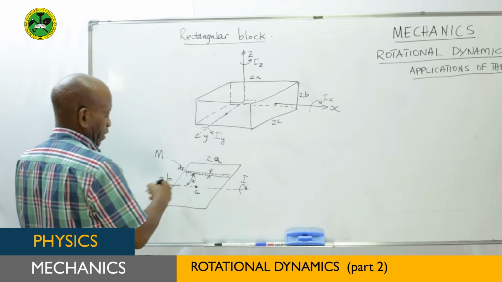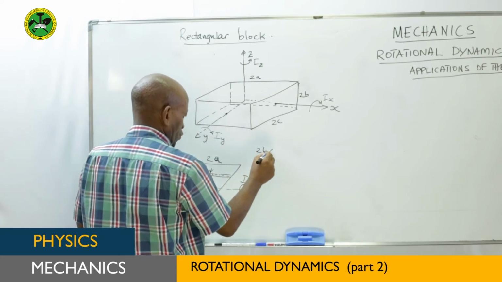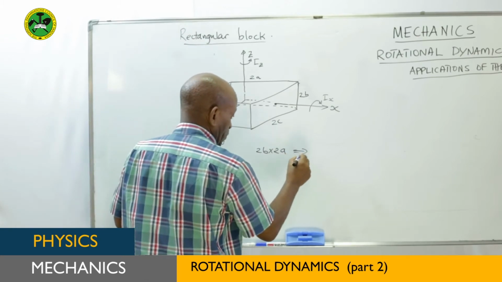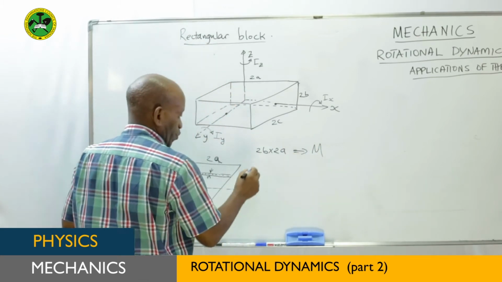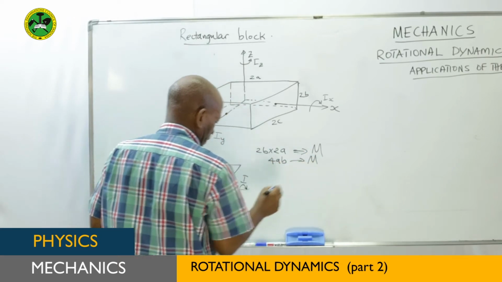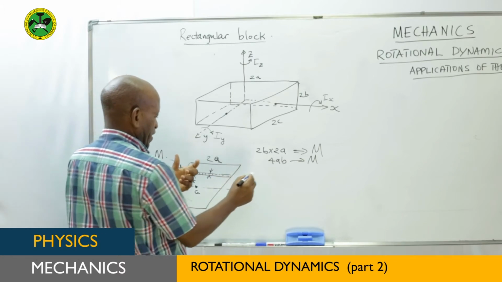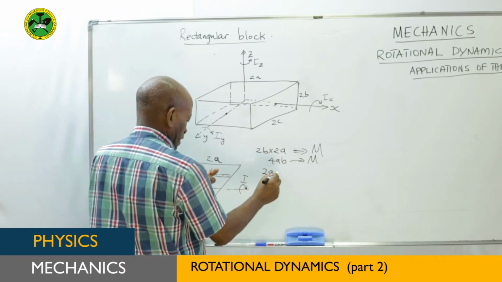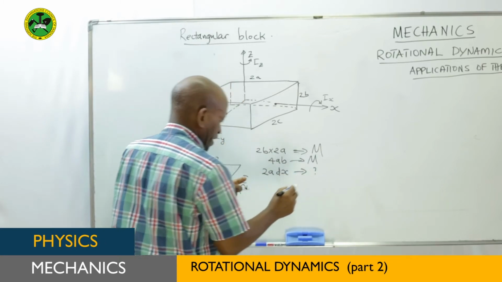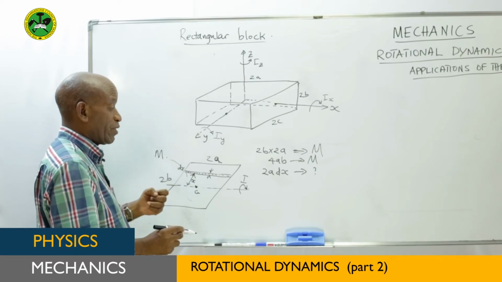The whole area, 2b times 2a, that is 4ab, corresponds with the mass m. But here I have the length 2a and the thickness dx. So for the area 2a times dx, you need to find what mass it corresponds to.